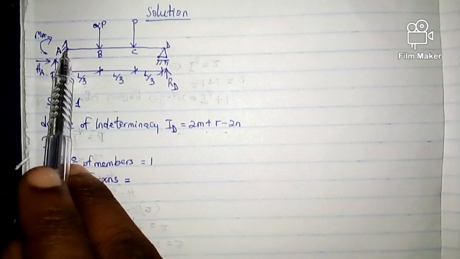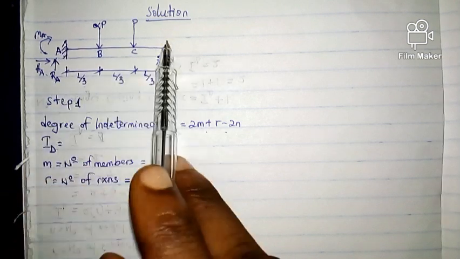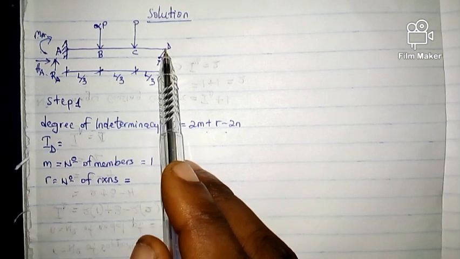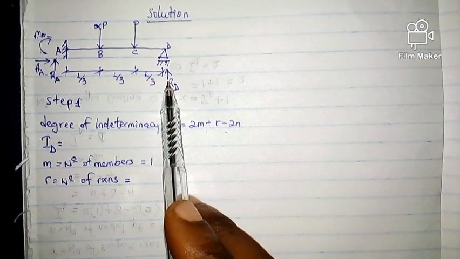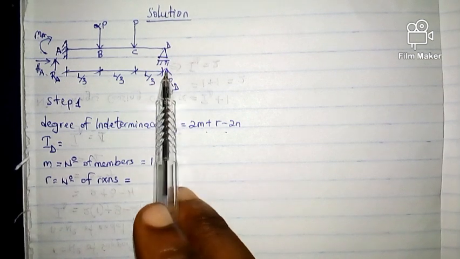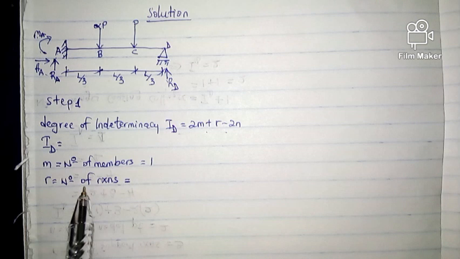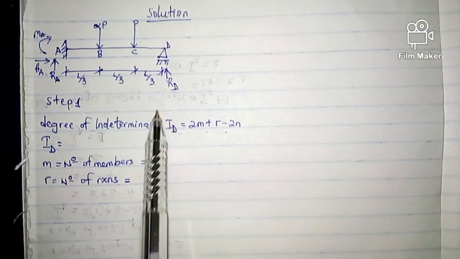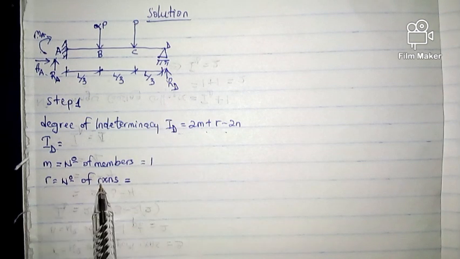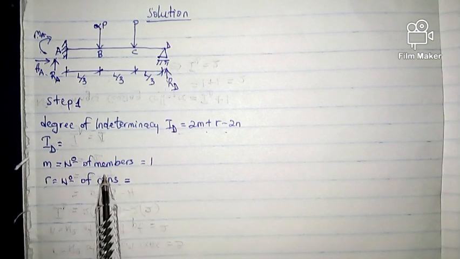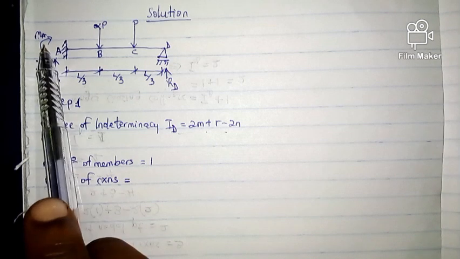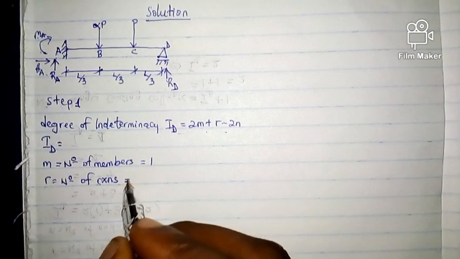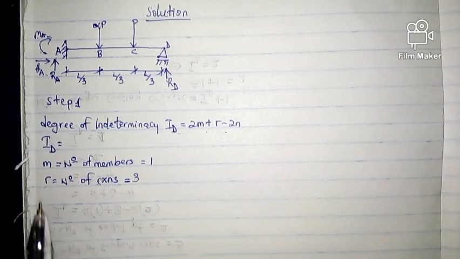Whereas at support D there is only the vertical reaction. Now, let's count the number of reactions. I said you ignore the horizontal one. Let's count 1, 2, and 3. So we have 3 reactions, ignoring the horizontal reaction.